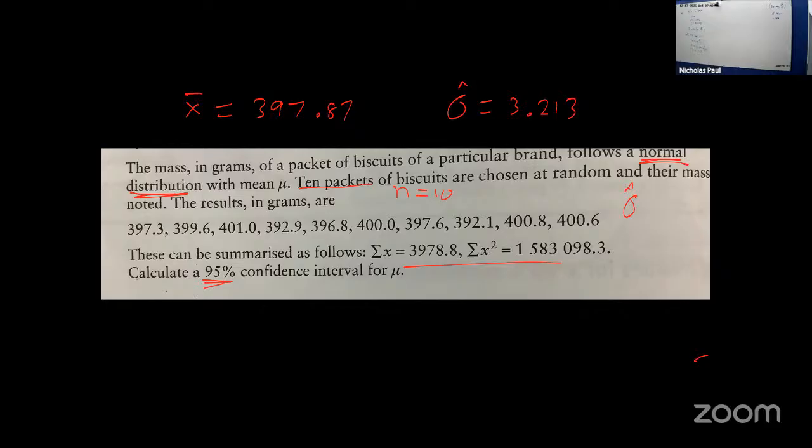I use the same formula from before: 1 on n minus 1 by sigma x squared minus (sigma x) squared on n. Same formula from before. Anybody else get 3.213? What did you get here? 1.2. And n is 10, right?